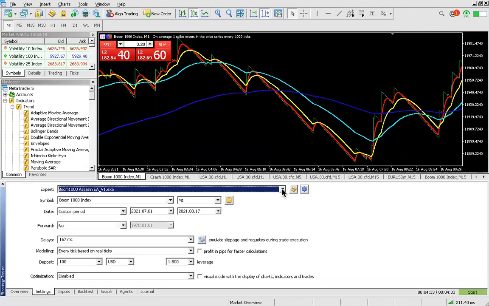So we want to check how the different EAs that I've created perform versus the asset, or the symbol. In our case, we want to check Boom 1000 index. So I'm going to use the Boom 1000 Assassin EA.